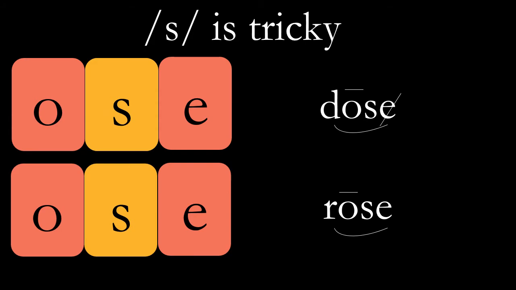Oh boy, now we have a problem because we have S between two vowels, but in the first word it makes an S sound, and in the second one it makes a Z sound. Boys and girls, if we read a lot, we'll be able to figure it out. Many times we know what sounds right and we know how to read it. Another thing that you can do is learn to use a dictionary. And I've got some dictionary lessons that can help you. Dictionaries will always tell you how to say it.